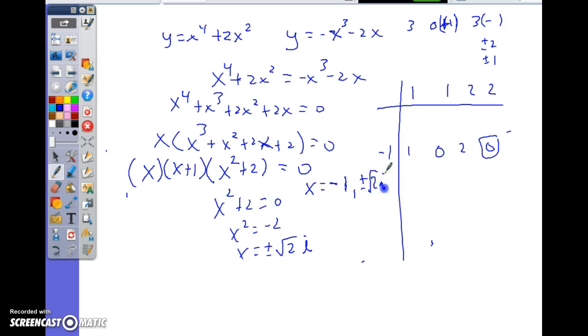That's 2, that's 3, and 0. Oh, that makes sense, because there's the 4 solutions. We said each of these factors equals 0, right? This one, x equals 0. It's only true when x is 0.